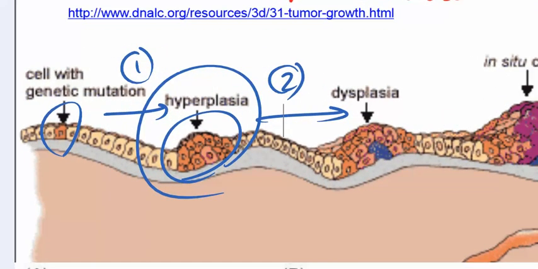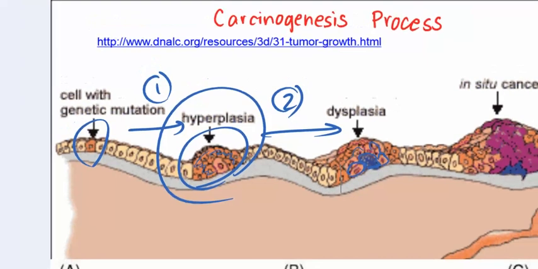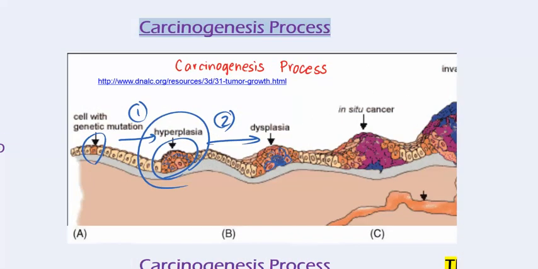You can see the color here is almost homogeneous, but then you've got a blue thing here and some color changes going on here. So you're starting to see abnormal characteristics in the shape, morphology, color, and content of the cell. That's dysplasia.